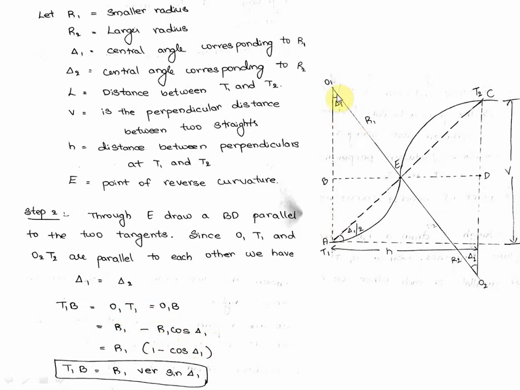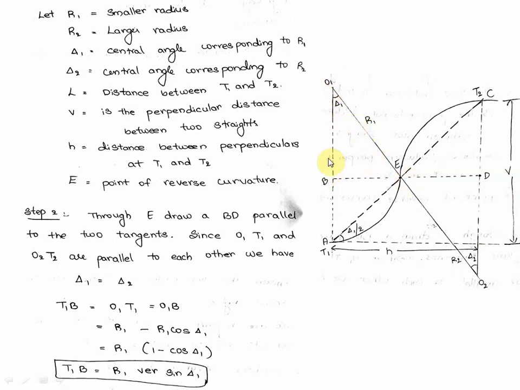O1T1 can be written as R1, since it is the radius of this curve, and O1B can be written as R1 cos delta 1.